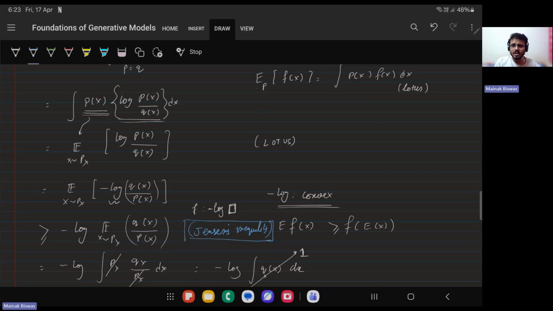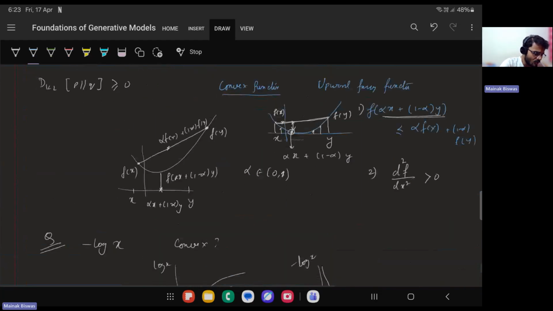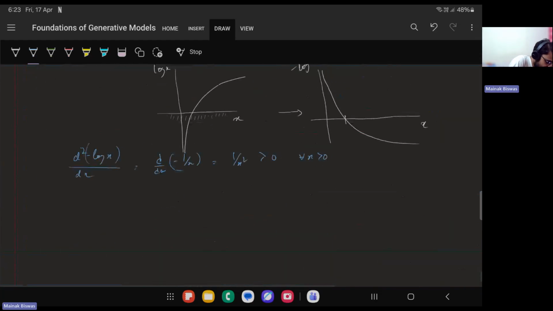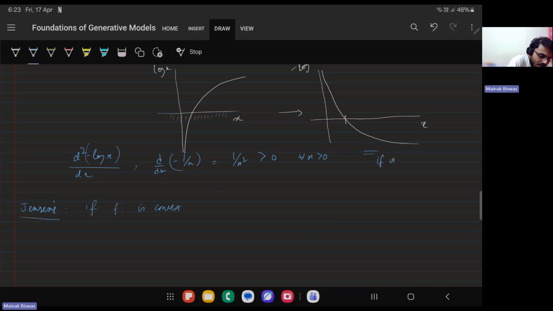Now, why will it hold is a question to ask. There's a very, very simple way to remember this, right? How will we remember this? So the Jensen's inequality again, if I write it down again, if f is convex, remember that this is a property.